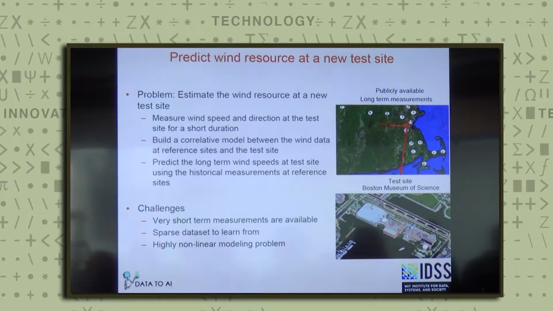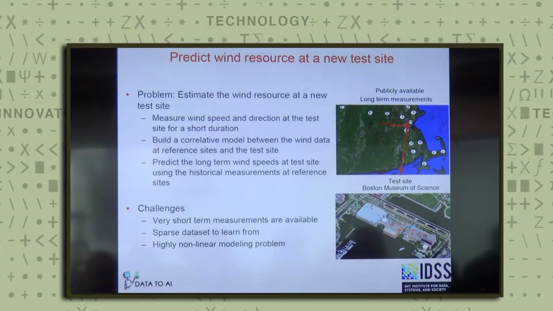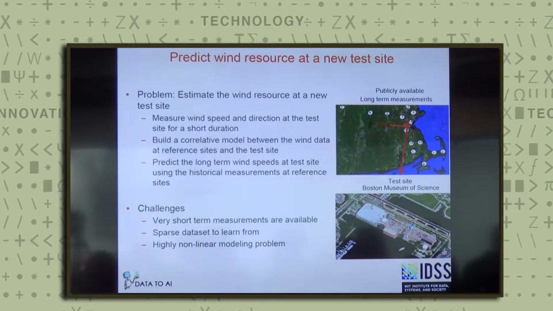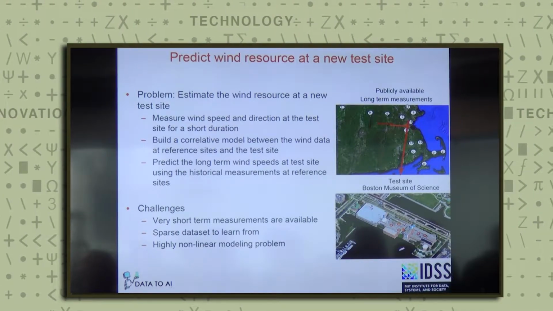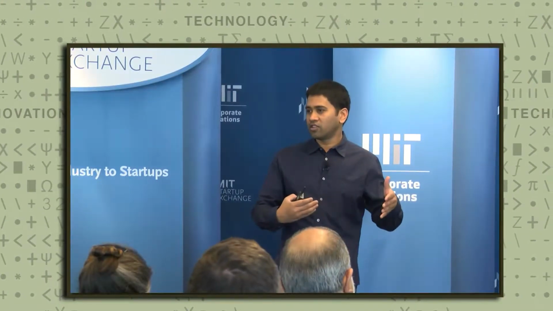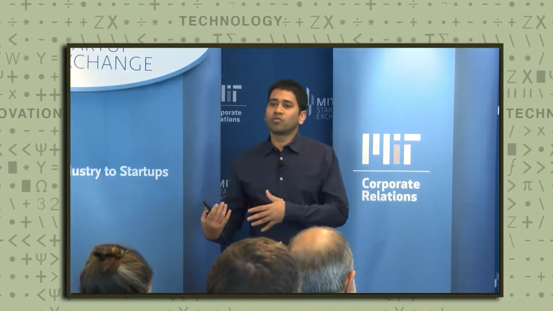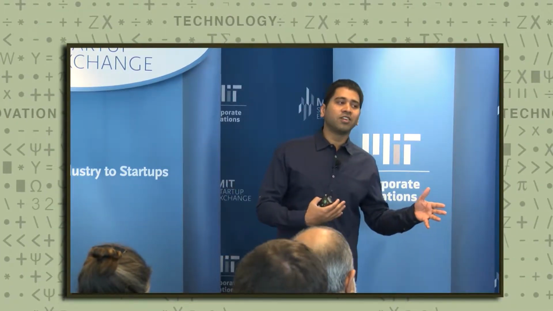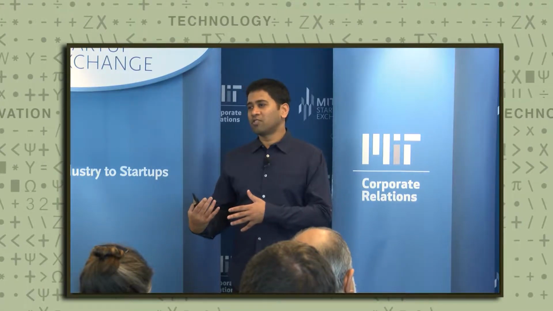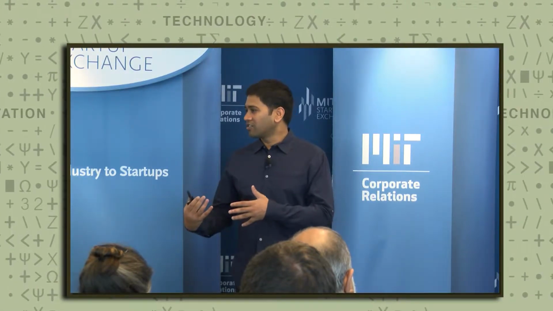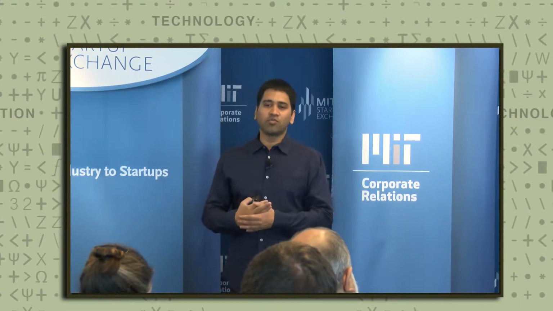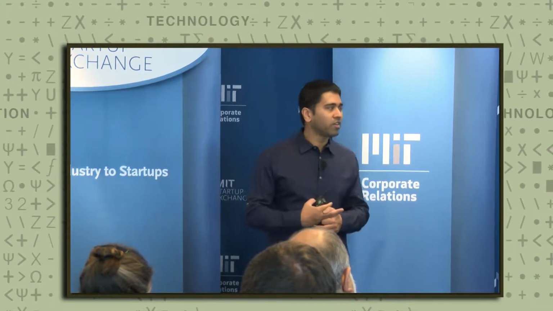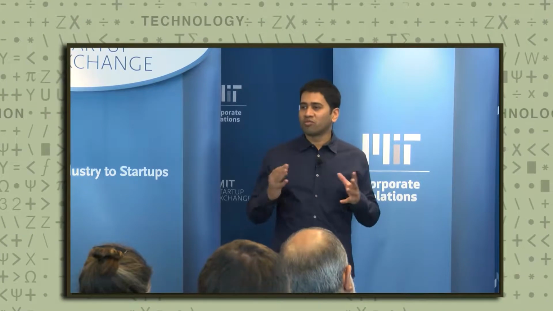You see how much that correlation matches up for the duration where there is an overlap, and you project how much wind will be at that particular site over a longer duration. If the future is going to be the way it has been in the past, we will have a similar amount of wind resource at the test location, and we can estimate the energy that we may produce if we were to put a wind farm there. So that's basically the problem.